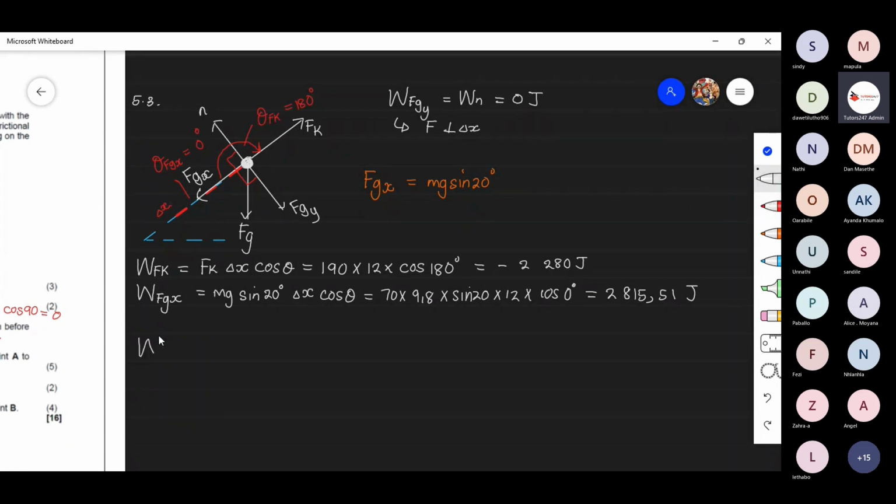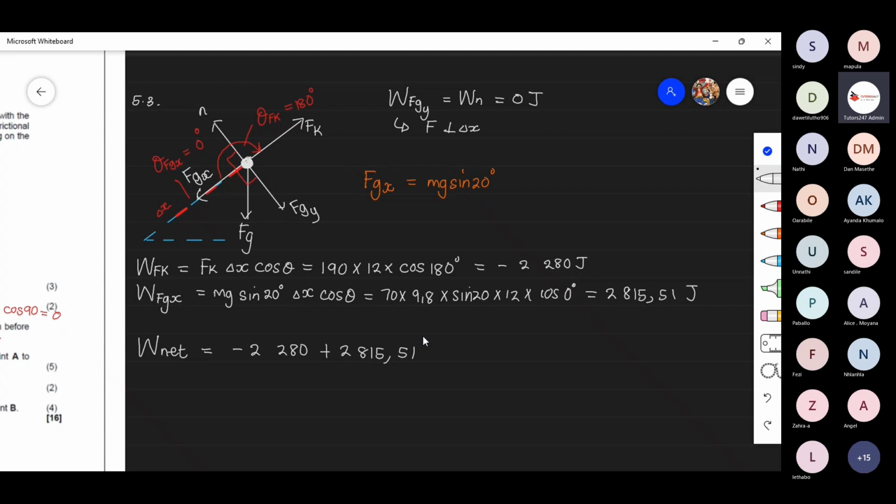Now let us calculate the net work. Our net work is going to be equal to negative 2,280 plus 2,815.51 plus 0 plus 0. But we don't need to include the zeros because 0 is nothing, so it doesn't really have any effect.